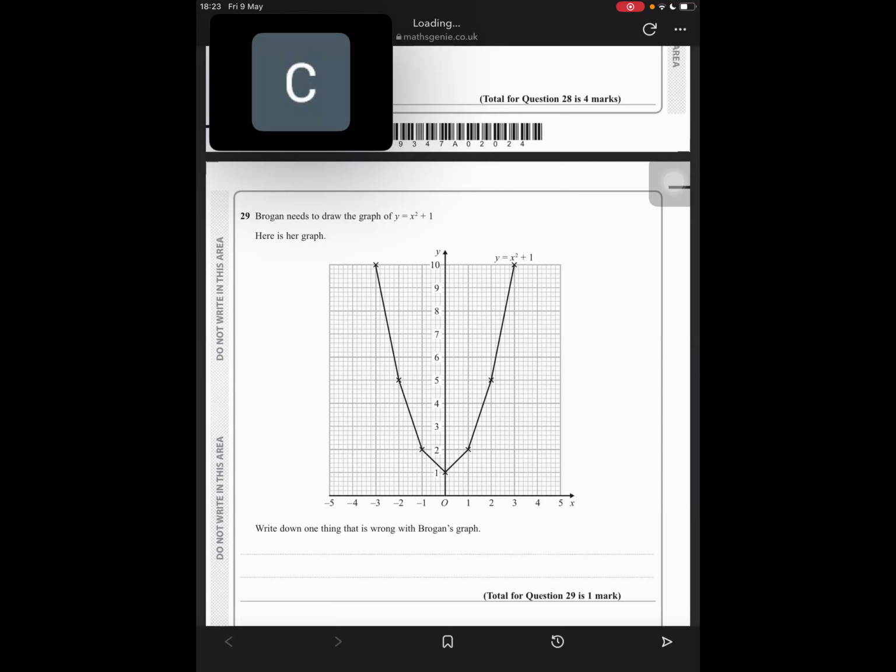with Brogan's graph. So ideally, in any quadratic equation, the highest power of x is always 2. When I say x, I mean the independent variable. The independent variable usually is the one on your x-axis, while the dependent variable is the one on the y-axis.